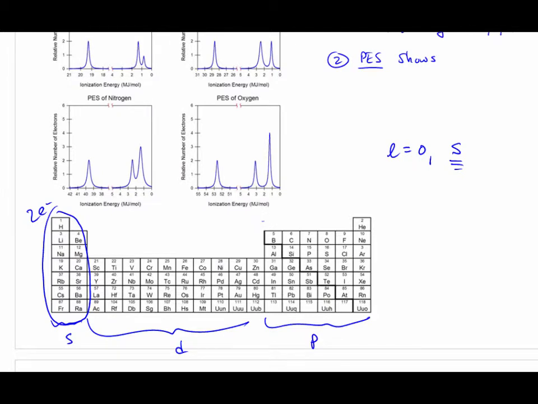And if we look over here, if L equals 1, it has 1, 2, 3, 4, 5, 6 places for electrons. Therefore, we would call this a p orbital. So L equals 1 and p orbitals are the same exact thing. No difference at all. They tell us the same piece of information, that is the shape of the orbital.